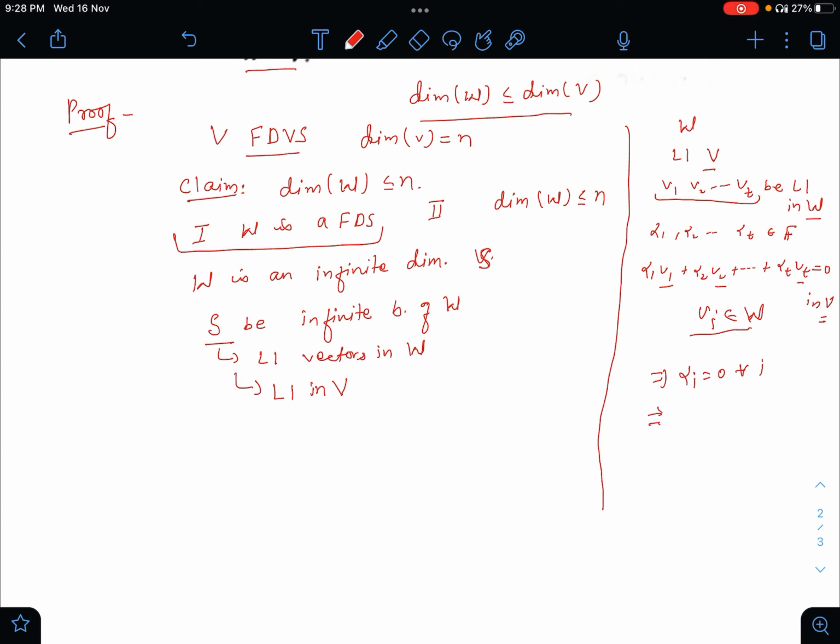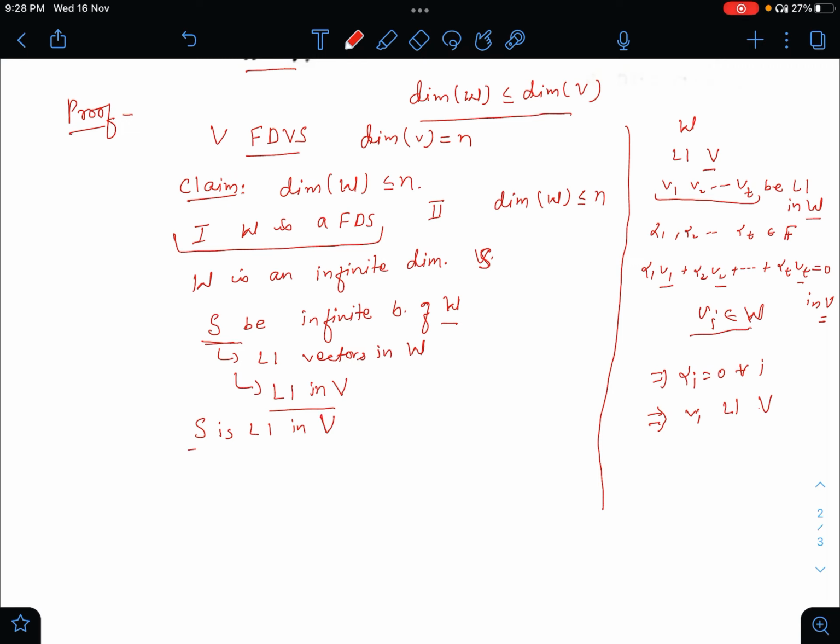That shows that the Vi's are linearly independent in V. So we have proved that a set which is linearly independent in W will be linearly independent in V also. That means S is linearly independent in V.